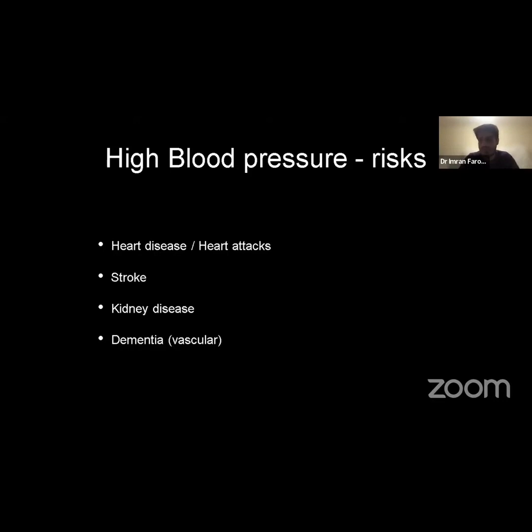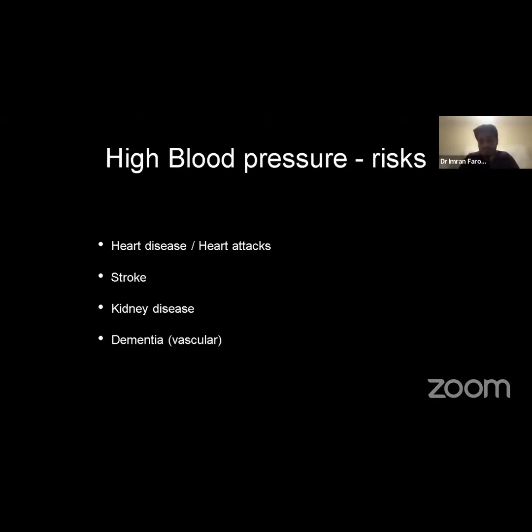Having high blood pressure, and I'm not talking about having high blood pressure for maybe a day or a week, but the cumulative effect over many months or many years leads to damage in our blood vessels. So if you imagine the system is under stress, it's under strain, all of that pressure is leading to damage in our blood vessels. And every major organ within our body has blood vessels.